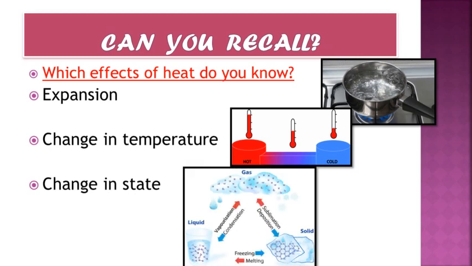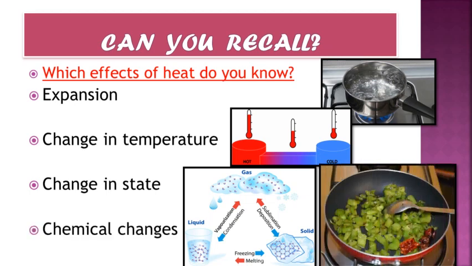Next is change in state. So when you heat ice cubes, they become water, and water on further heating changes into steam or vapor. So solid becomes liquid, and liquid becomes gas when heat is provided. So that is change in state due to heat.